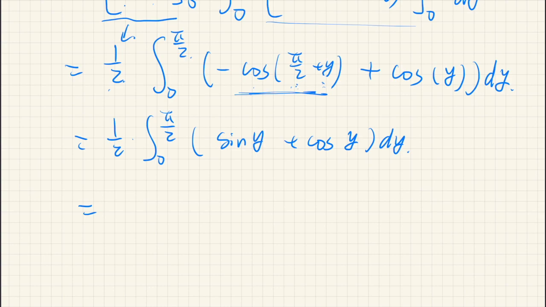Cosine pi over 2 is 0, so only the sine part remains, and sine pi over 2 is 1, and sine y remains. The negative sign is swapped, and we have sine y here. So the result is sine y, that's cosine y, plus this one sine y.